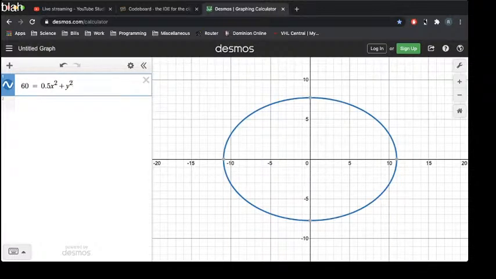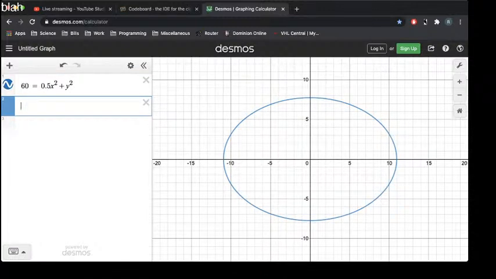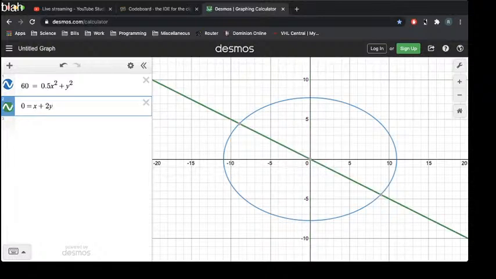So that's an ellipse again. And our other equation is 0 equals x plus 2y. So there's our two equations. We have a linear momentum conservation equation and an elliptical energy conservation equation. So let's see where the intersections are.